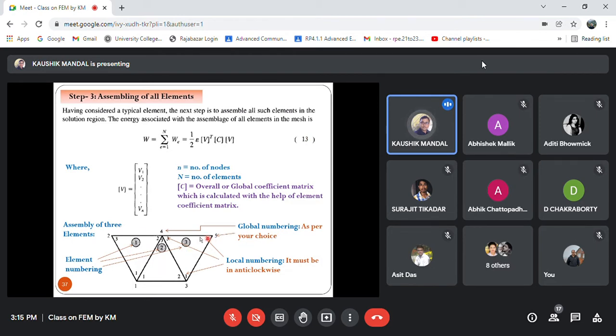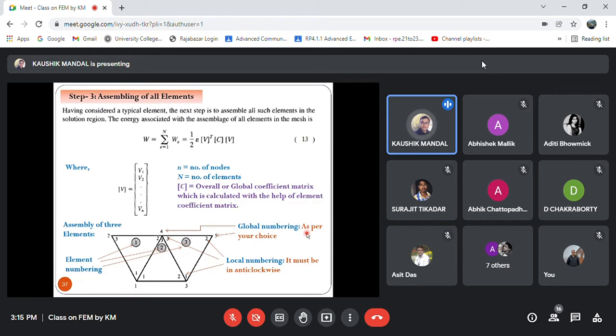Now the numbering outside the solution boundary, that is 1, 2, 3, 4, and 5, there are total 5 nodes. This is known as the global numbering. For this global numbering, there is no rule whether it will be anti-clockwise or clockwise. It can be arbitrary, as per your choice. You can start from any point and put the numbers as per your choice.